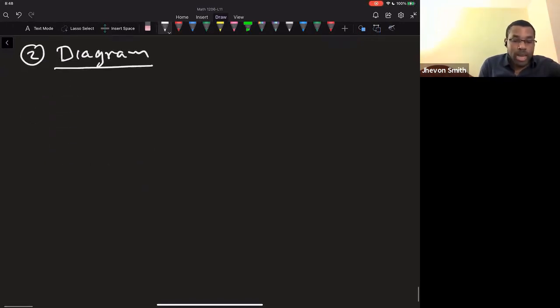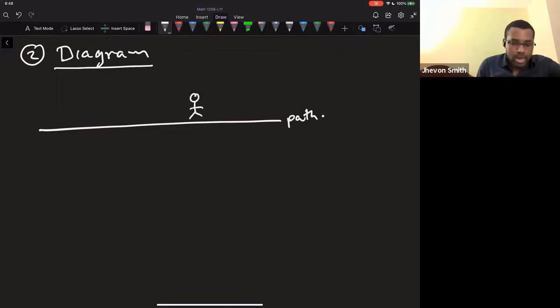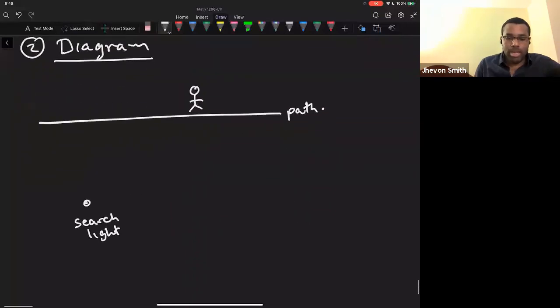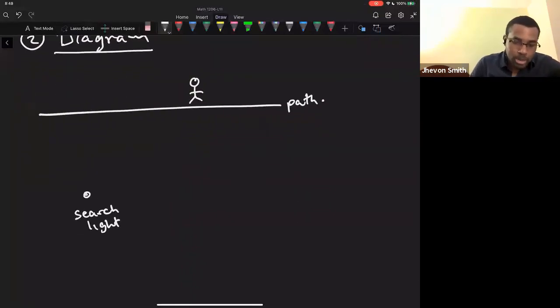So we have a straight path. So that's the path. Here's the guy who's walking. And here's the searchlight. Okay. Now the searchlight has a beam of light focused on the man.